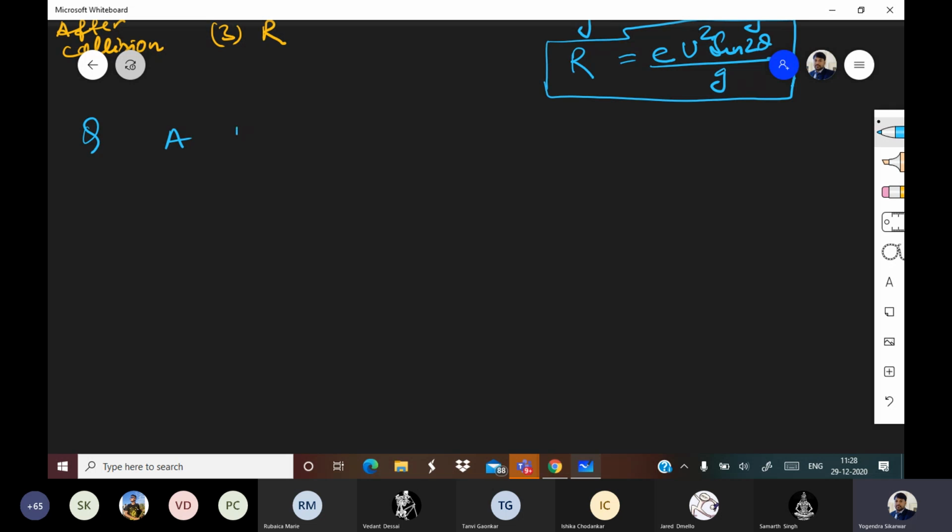A bomb of mass m is lying on a smooth table.